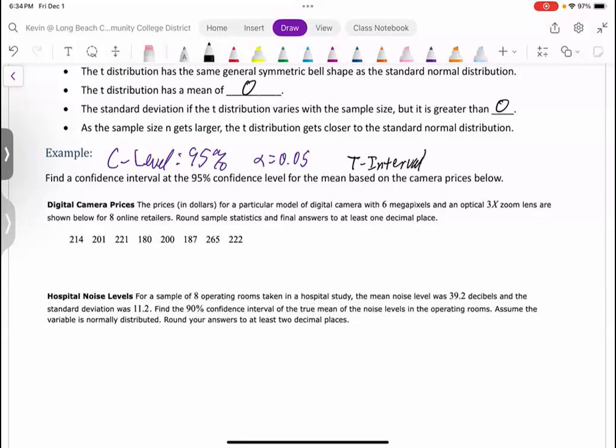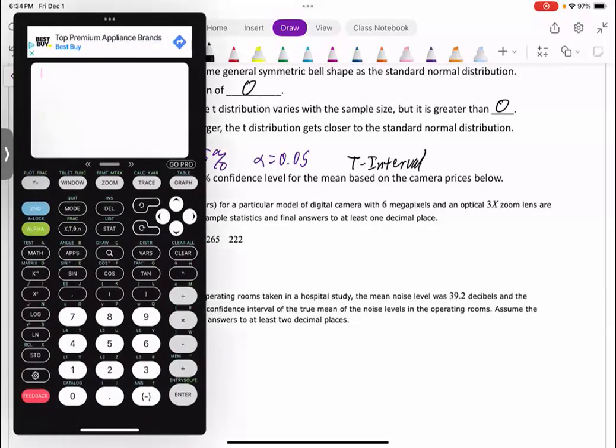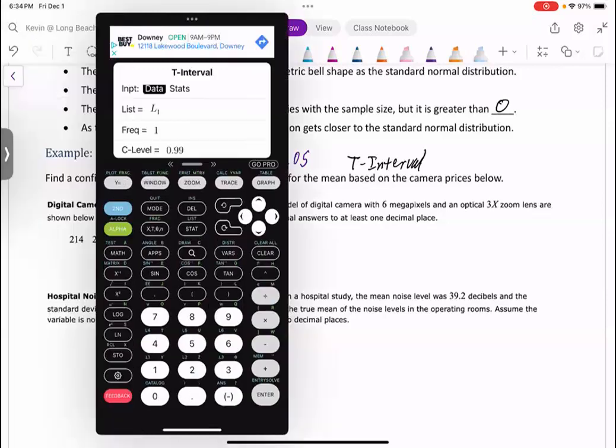Which can be found in the same place as the z interval. So I'm going to go here, stat, tests. I'm going to scroll until I get to the t interval. My data is in list 1, and then they just need my C level, which is 95.